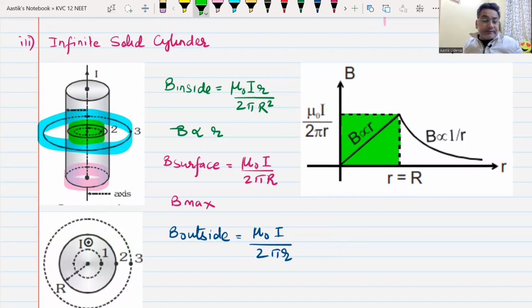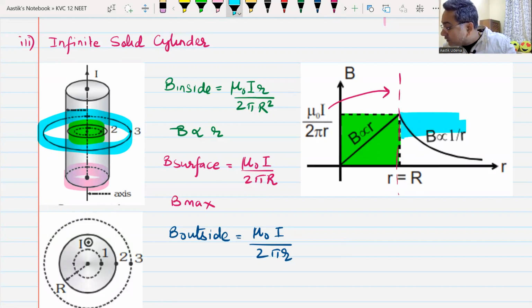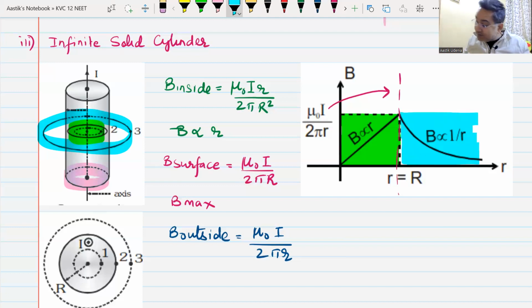Do we understand this? In the green region, this is the surface point, and at the surface point you have magnetic field as maximum, and then these are the outside points, the blue points. Magnetic field is inversely proportional to r. Do we get this? Everyone? Yes or no? Yes, sir.